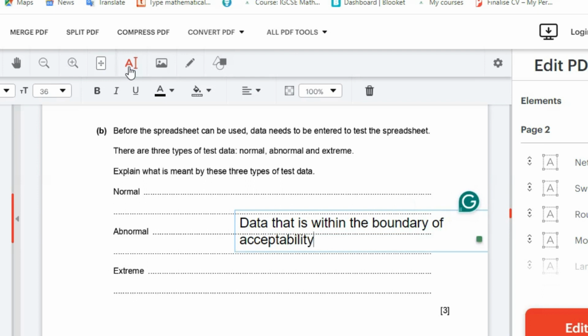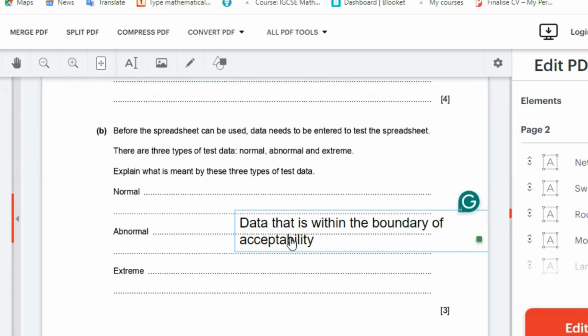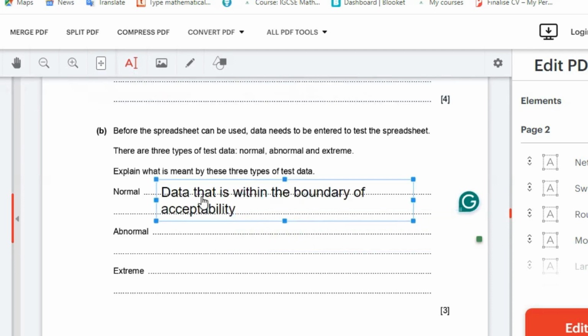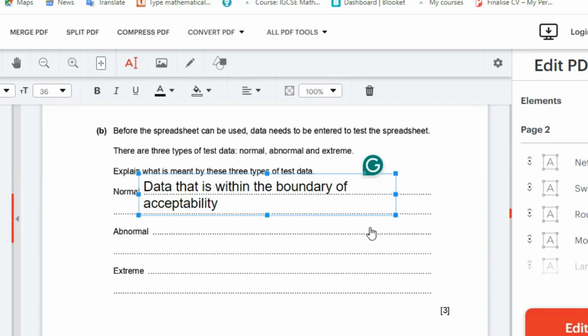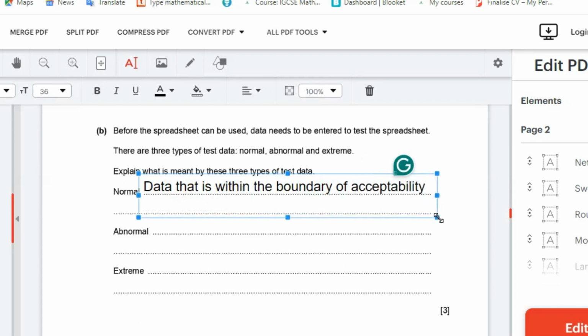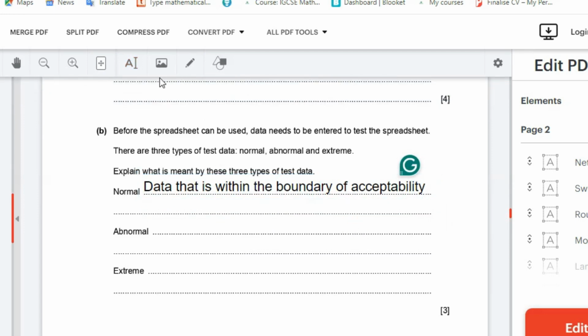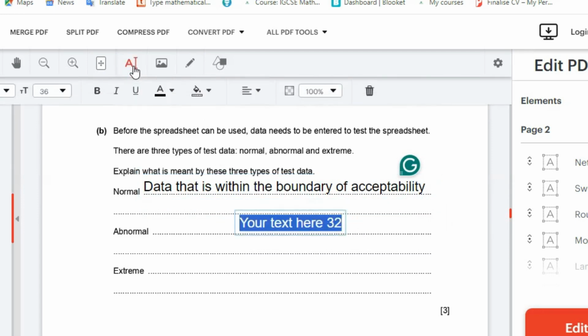That is data that you can accept. When you see the data, ordinarily, they are within what you can accept. You look at them as acceptable. When we say normal, abnormal now is just the opposite of normal.